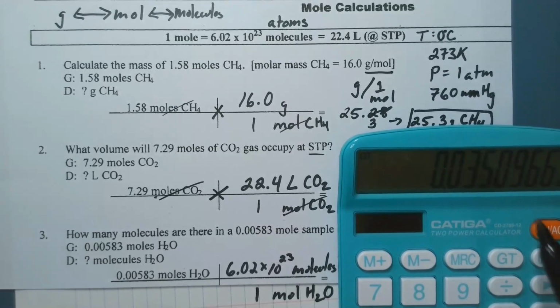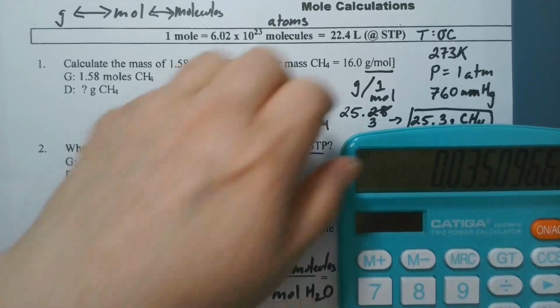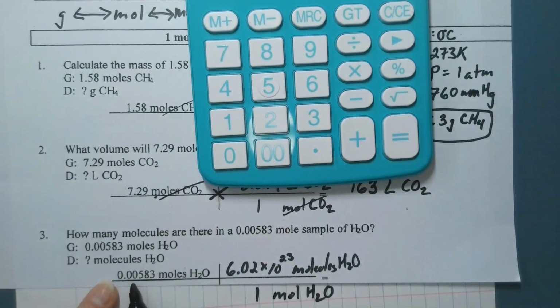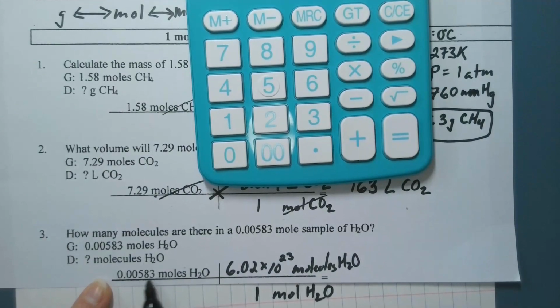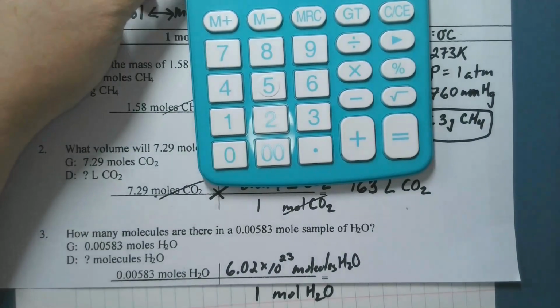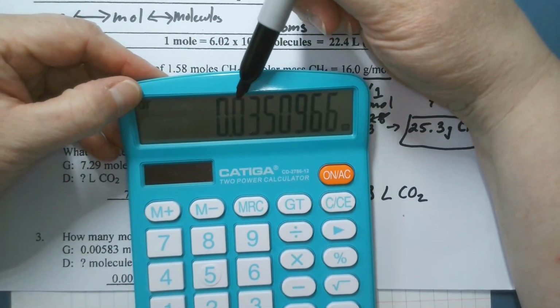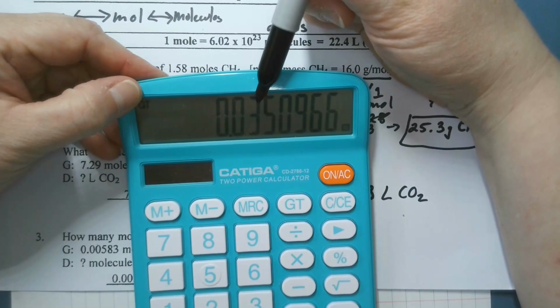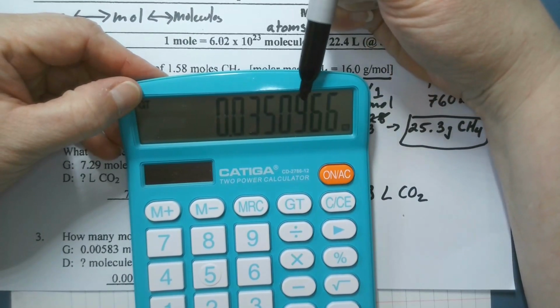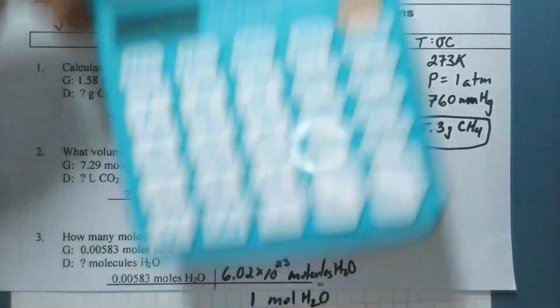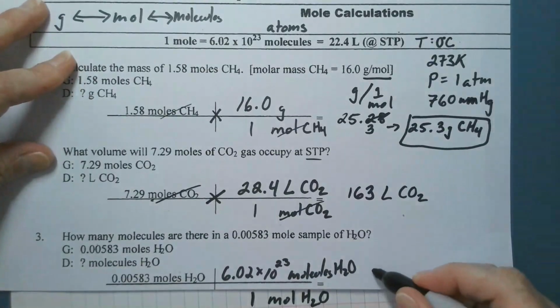And I'm going to get 0.0351, we'll say. Okay, and so how many sig figs do I have here? These are leading zeros, so I only have 3 significant figures here, the 5, the 8, and the 3. And so in my value here, that's a leading 0. So my sig figs here would be 3, 5, and the 0, but that 9 would round it up, so it would be 0.0351.